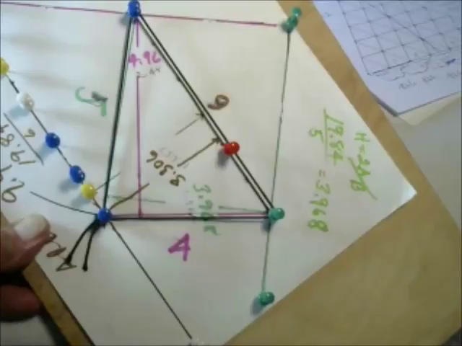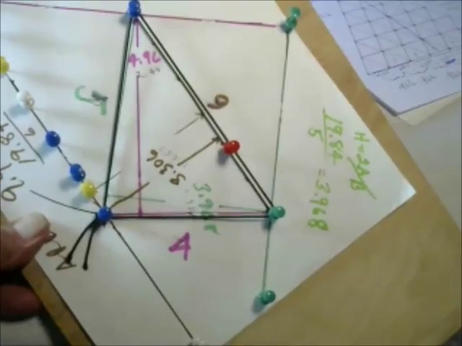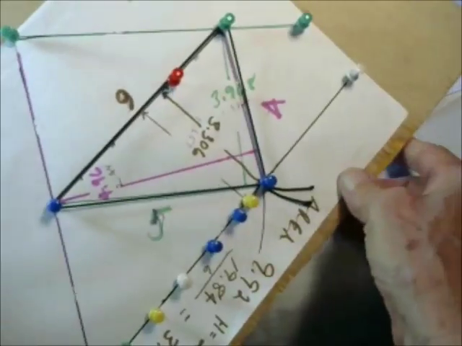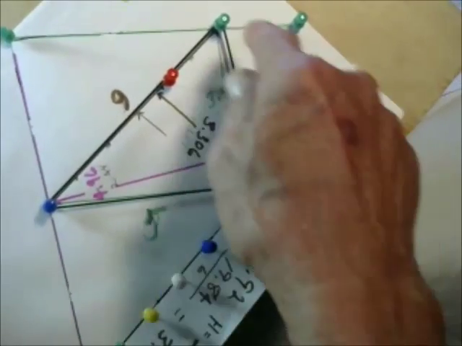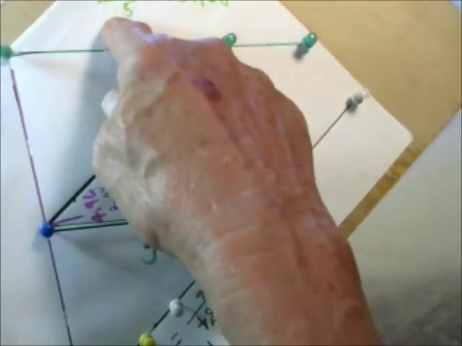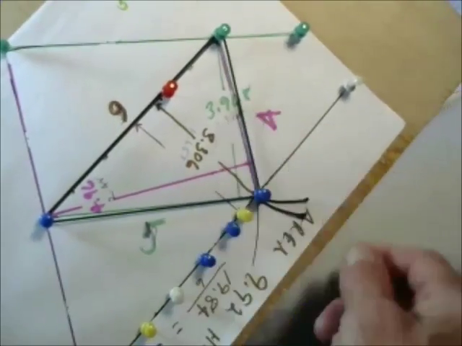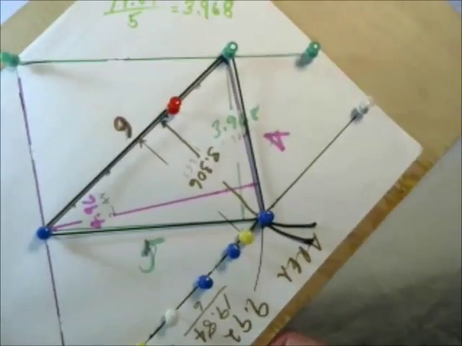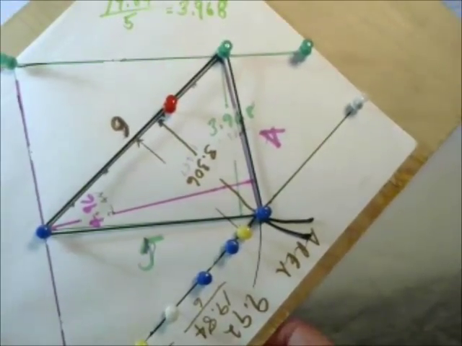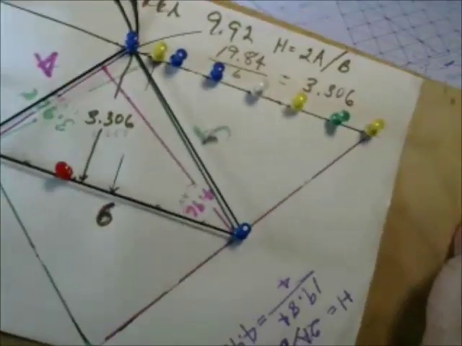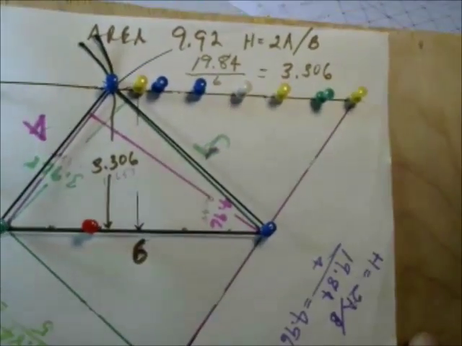And we can turn it to the 5, and we have 19.84 divided by 5, and that gives us the 3.968 height. So calculating all those heights, we do end up with exactly the same 9.92 area, looking from all those different perspectives.